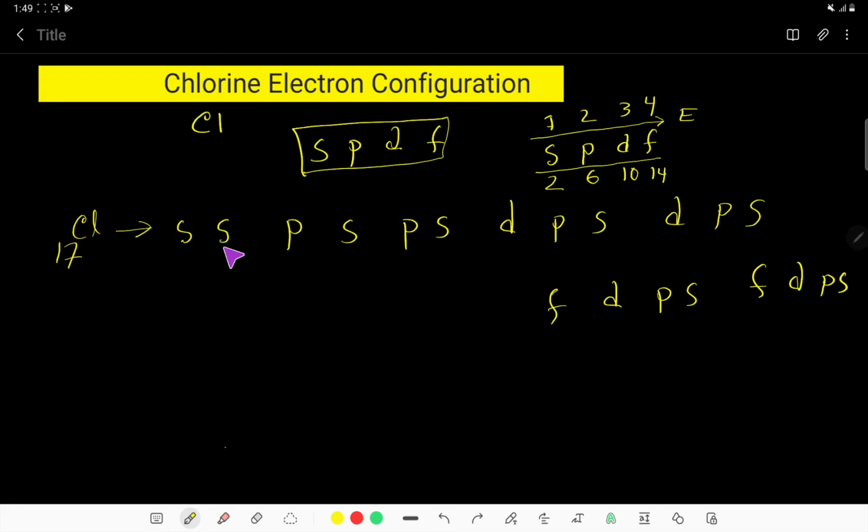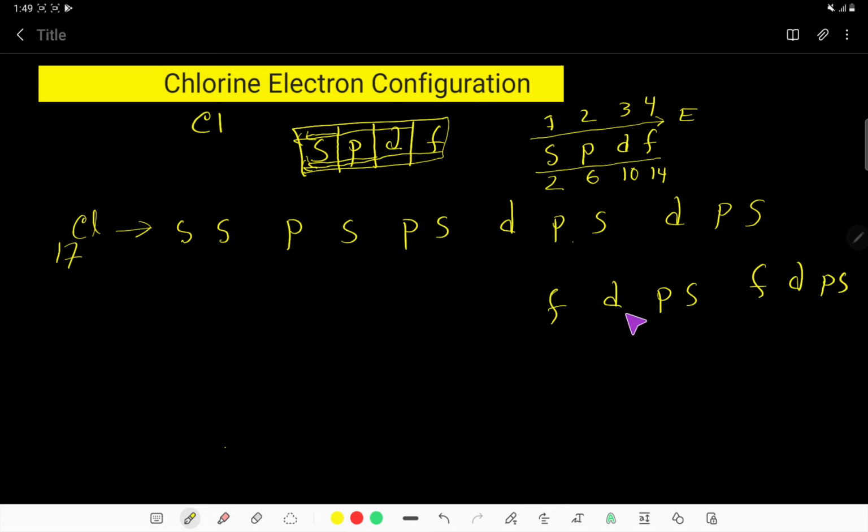So how to get this sequence? Look, we have SPDF, so consider this S. So write S once, then consider PS, then write PS twice, then consider these 3 at a time. So DPS, write DPS twice, then consider these 4 subshells, FDPS.